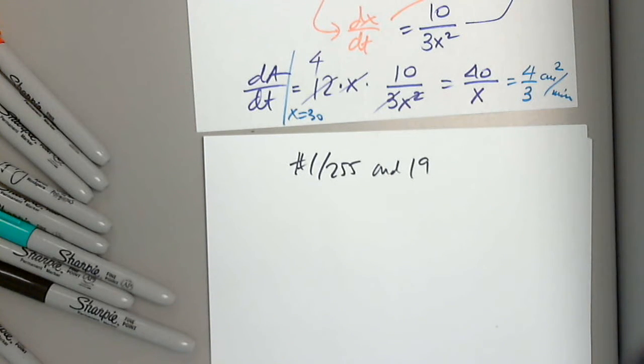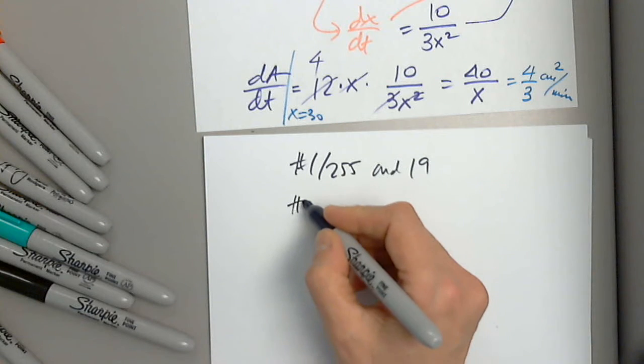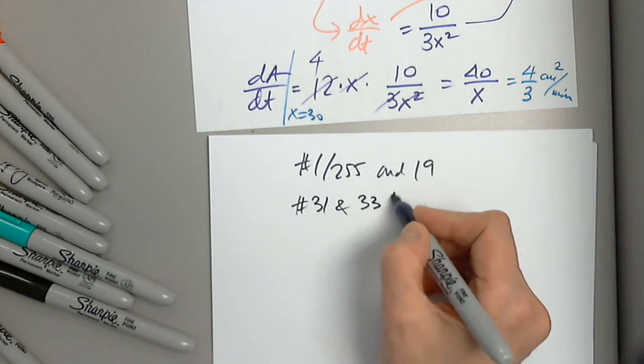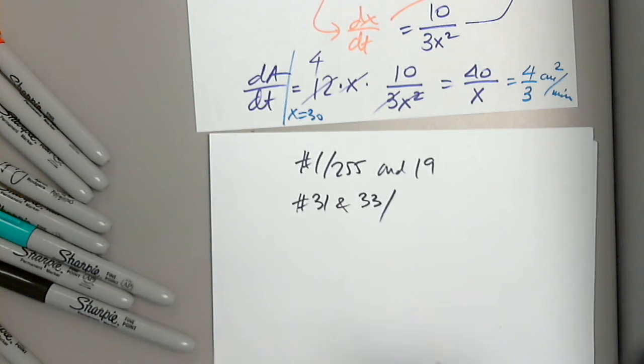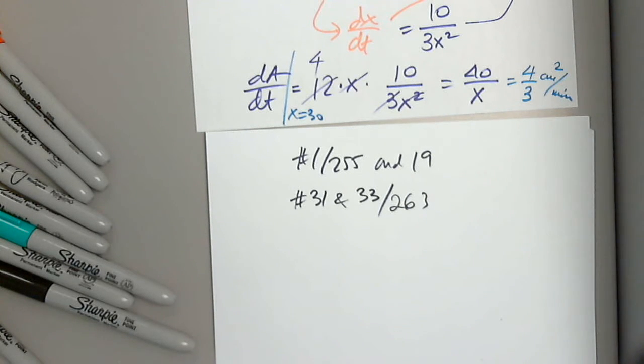Okay, let's differentiate, let's say 31 and 33 on page 263. Okay, that's it, 4 problems.